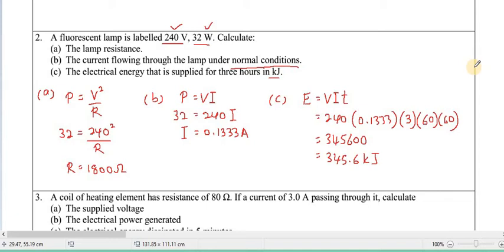Then you press your calculator and it straight away gives you the answer in standard form, so then you write the answer in standard form.